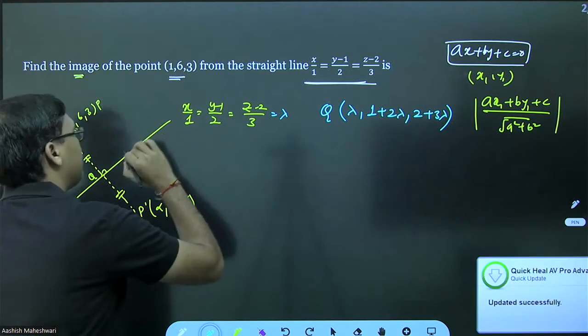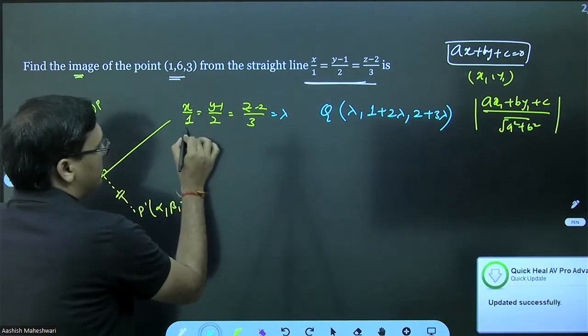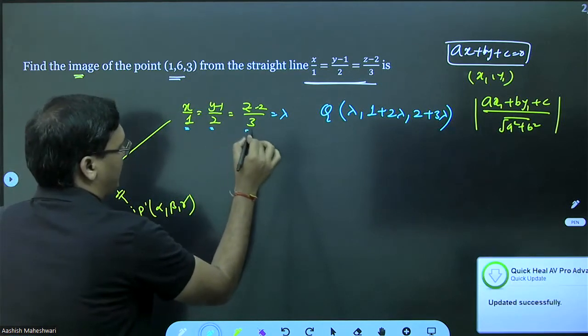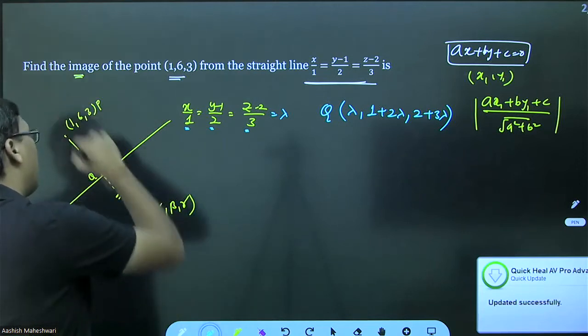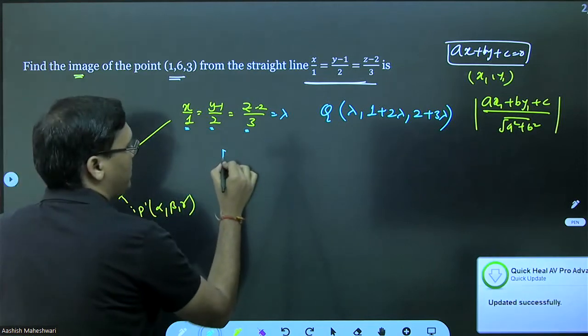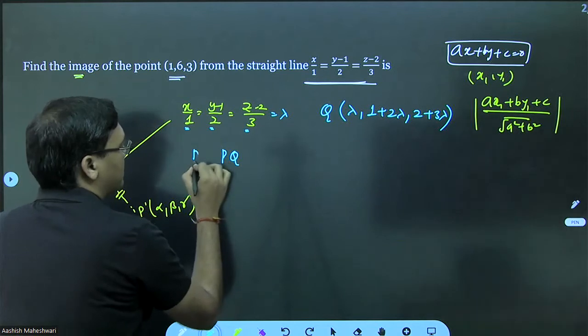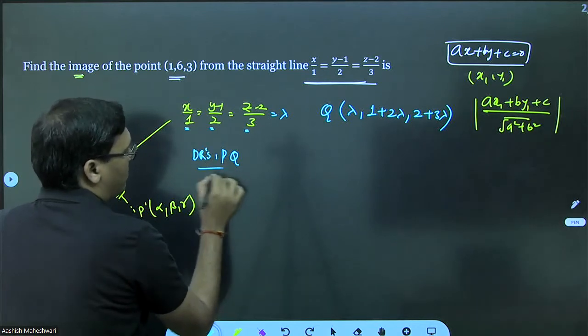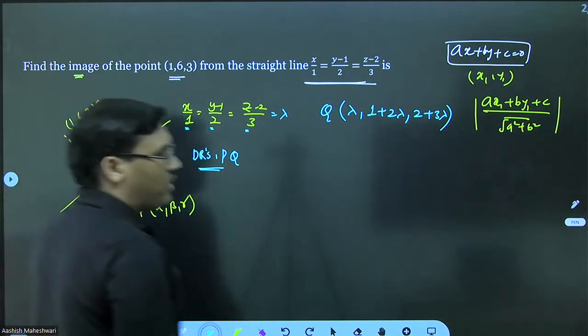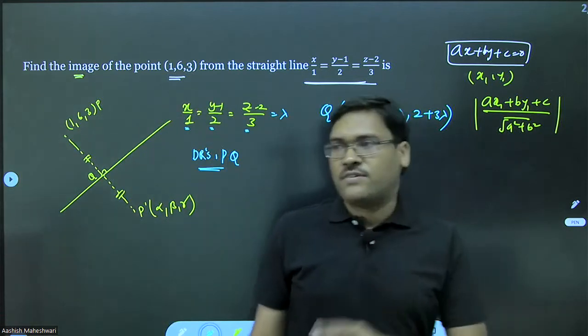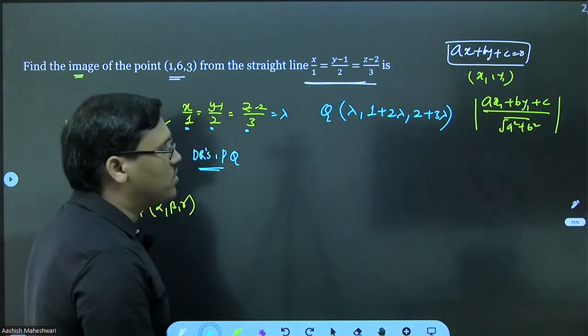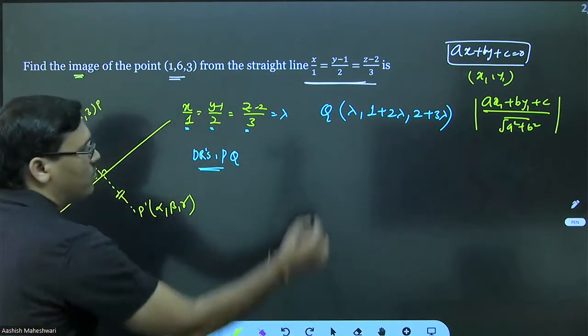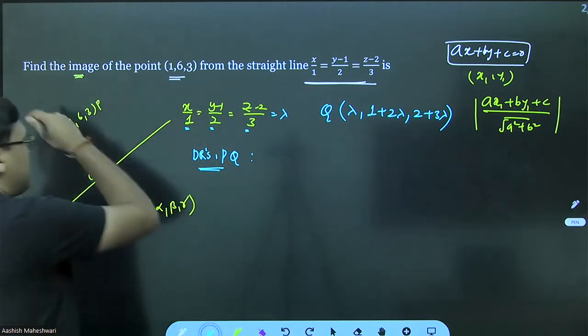You can see here, this line, what are the direction ratios of this? This is 1, 2, and 3. If I talk about PQ, what are the direction ratios of PQ? If you have any line joining 2 points (x1, y1, z1) and (x2, y2, z2), you can just subtract the coordinates. So what are the direction ratios of this line PQ?